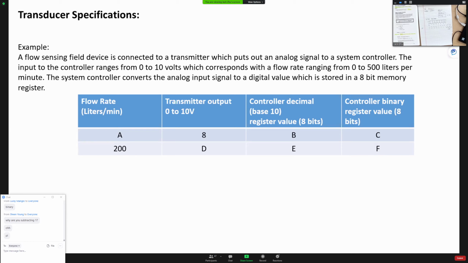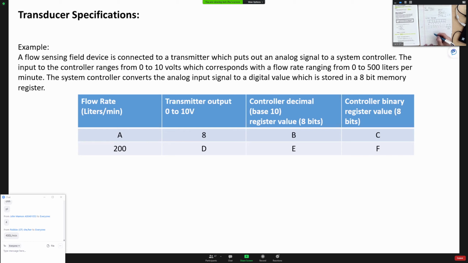Anyone? Yeah, 400 liters per minute. John, how can that be only 4?